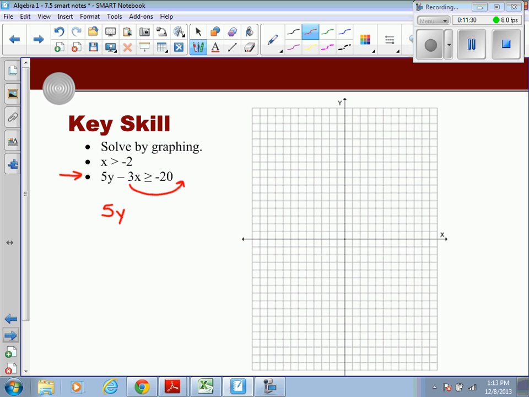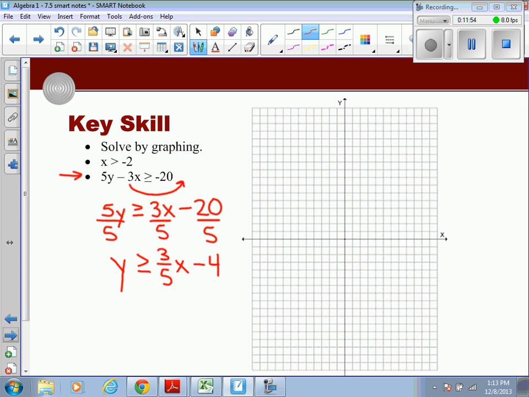So now I have 5y is greater than or equal to a positive 3x minus 20. Again, the negative 20 didn't move, so it doesn't change signs. Now I divide everything by 5. And since I'm dividing by a positive 5, I don't have to worry about reversing my inequality sign. So I have y is greater than or equal to 3/5 x minus 4.